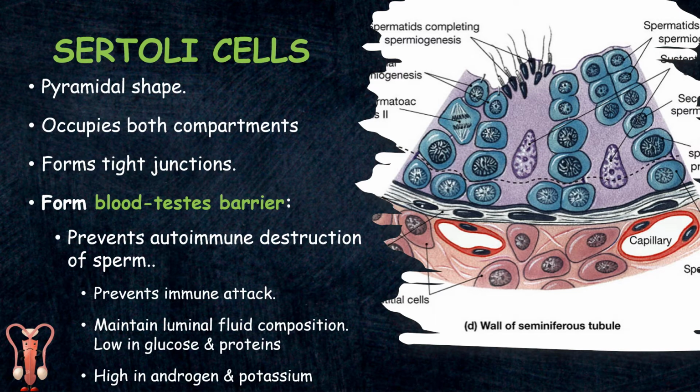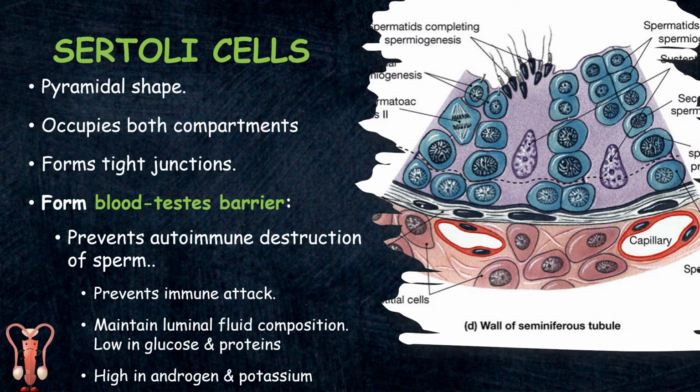This blood testis barrier limits the transport of many substances from the blood to the seminiferous lumen. These barriers maintain the germ cells, that is sex cells, in a privileged location, because mature sperms are very immunogenic when they are put into the systemic circulation.